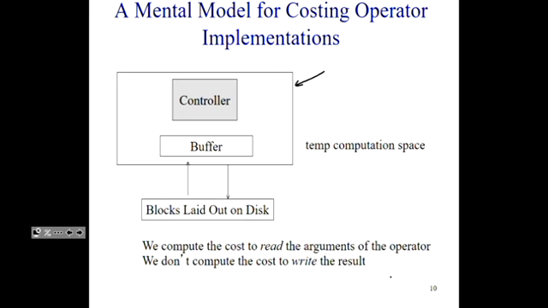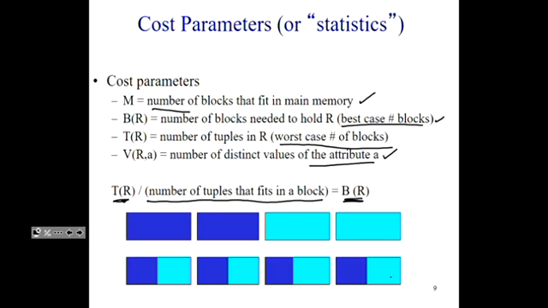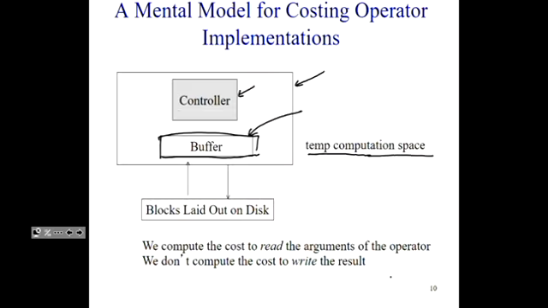There's some kind of a controller which is doing the processing. There is a buffer space which is storing blocks temporarily. So this is a temporary computation or temporary storage space. And the buffer, like we saw earlier, M is the number of blocks that fit in main memory. These M blocks will populate the buffer.